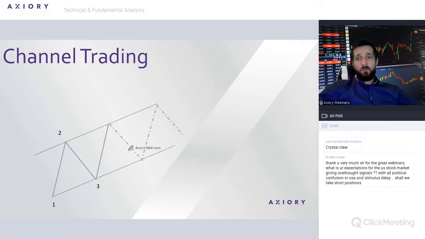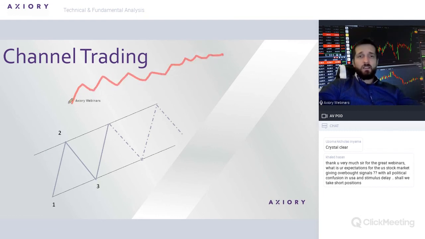Channel trading. If the price is following an uptrend, it means that the price is making higher highs and higher lows. It usually allows the price to create a channel. In this case, it's a channel up.